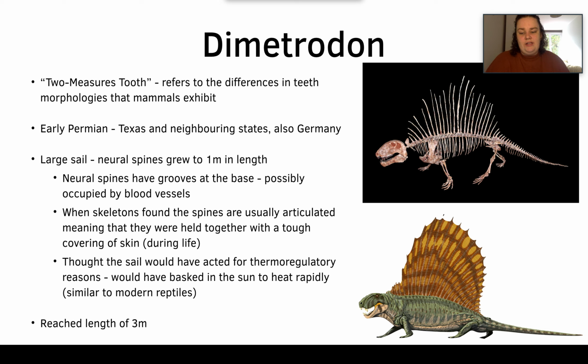And they have a large sail similar to Edaphosaurids. And these neural spines that grew on the cervical and dorsal vertebrae could grow up to 1 metre in length. And we know that these neural spines could have had blood vessels running up them because they had grooves at the base, at the articulation of the spine and the vertebrae.